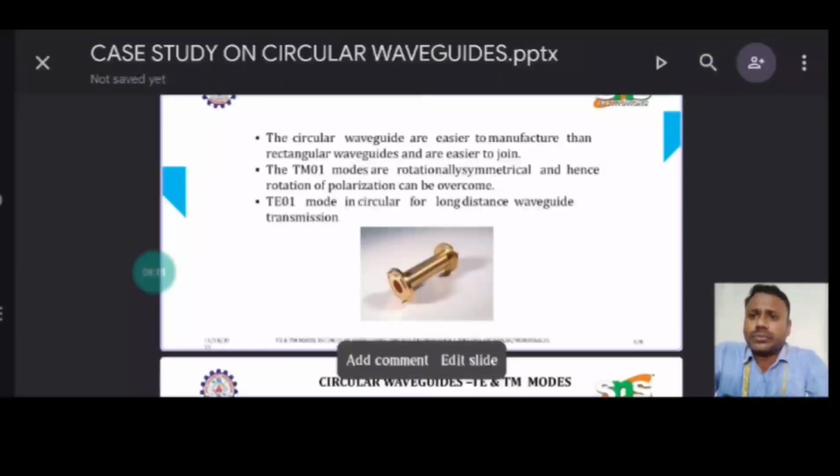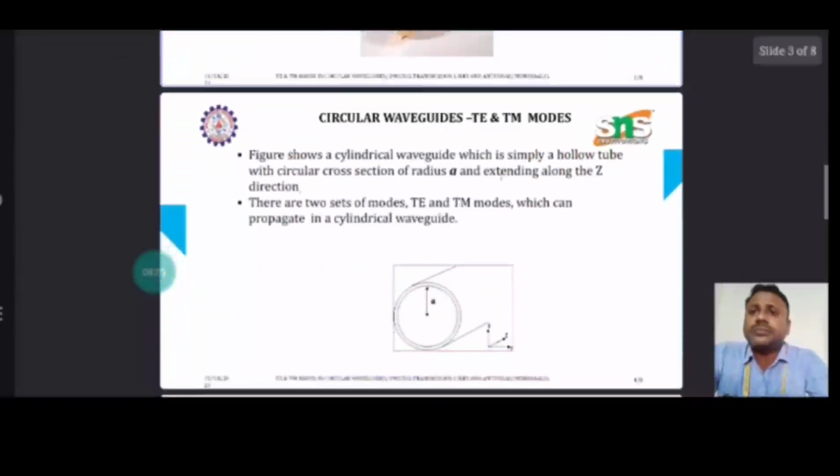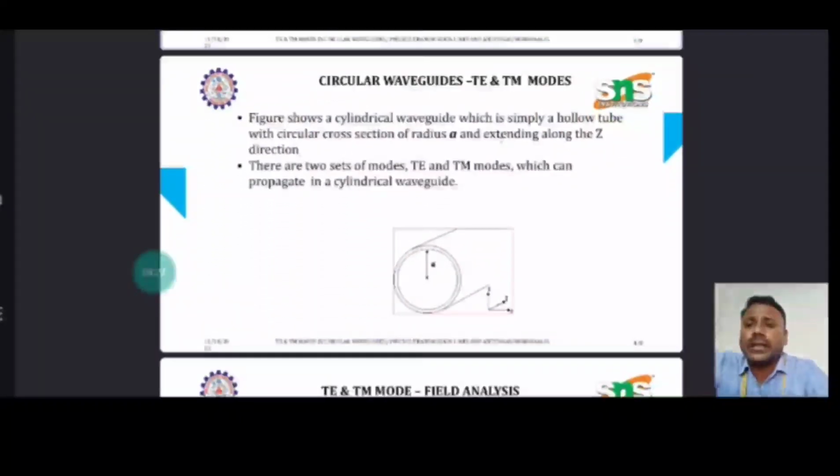So next we move to the next slide. Here it is mentioned how transverse electric and transverse magnetic modes perform in circular waveguides. The figure shows a cylindrical waveguide, which is simply a hollow tube with circular cross section of radius a extending along the Z direction.